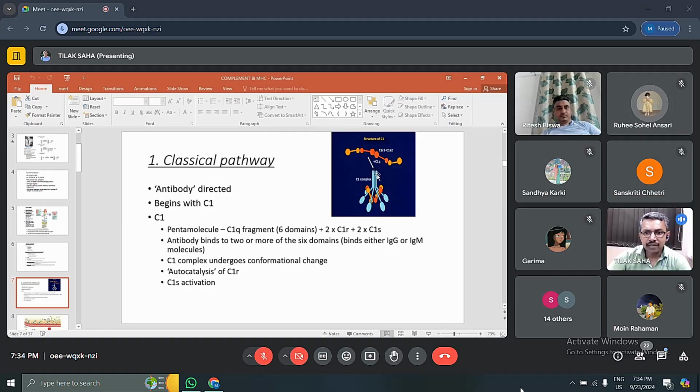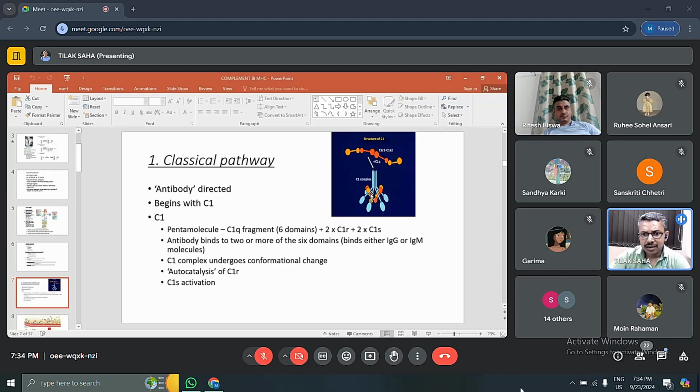Okay, so this complex is having six different arms, right? Each of the arms is composed of A, B, C chains. These are the detailed structure; we don't need to discuss the detailed structure right now. But this umbrella-like molecule is the C1q molecule.